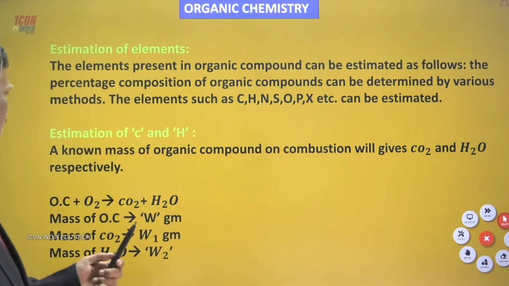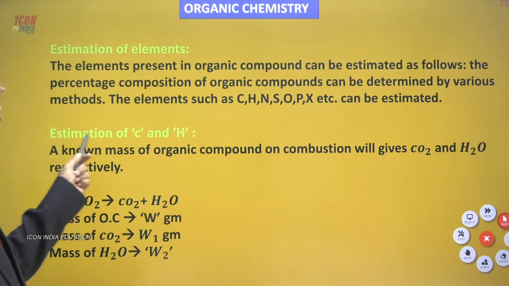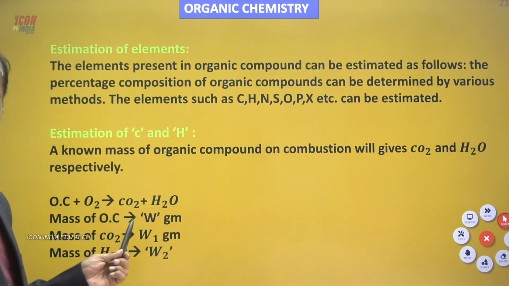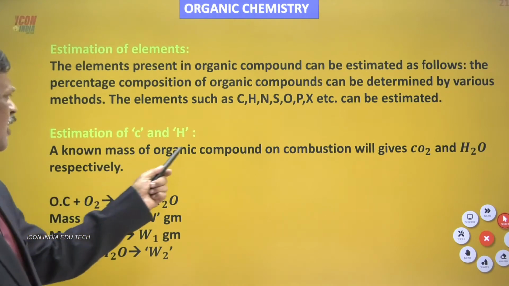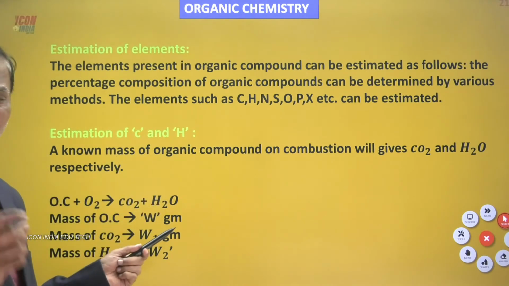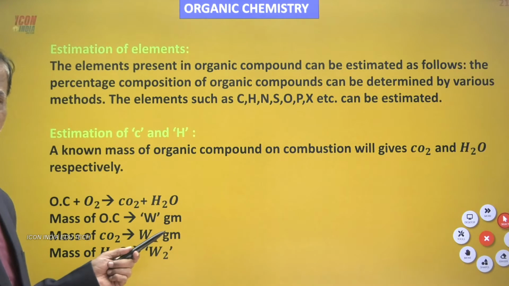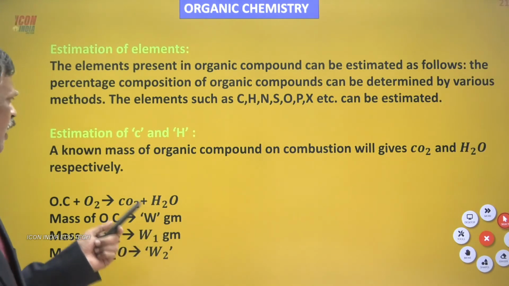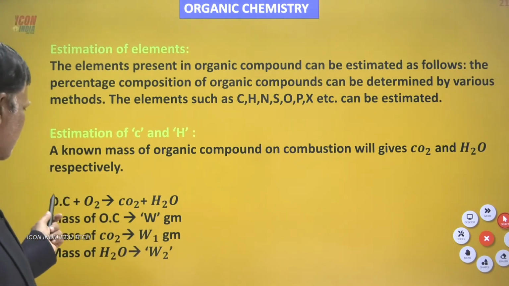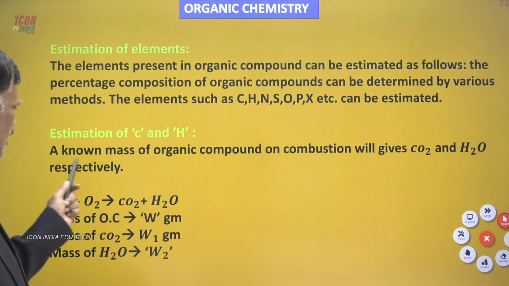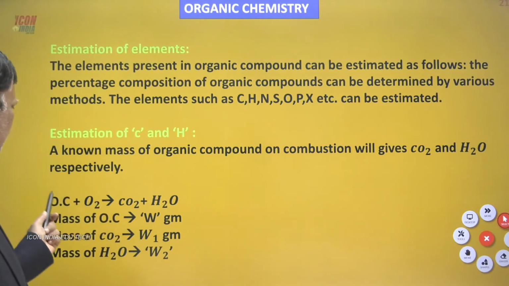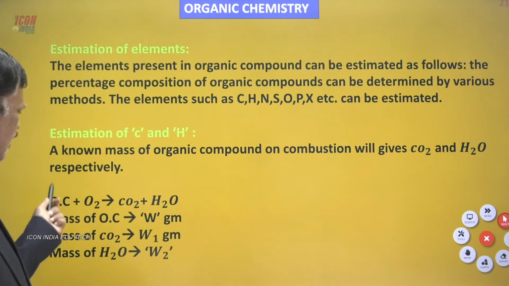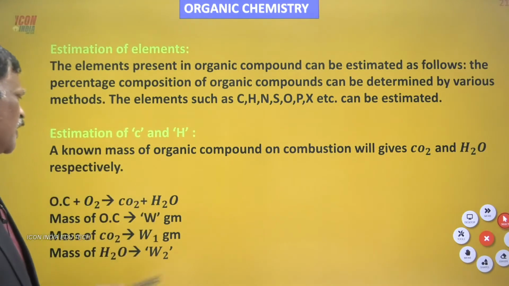All these are estimated. Now see estimation of carbon and hydrogen first. A known mass of the organic compound on combustion will give CO2 and H2O. Whatever mass of carbon is present in the organic compound is converted to carbon dioxide, and hydrogen present in the organic compound is converted to water.